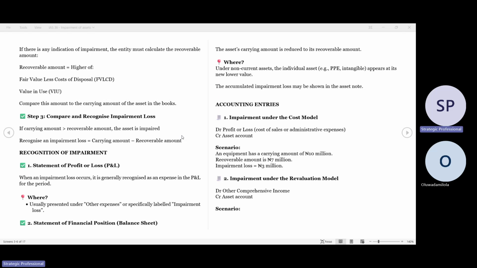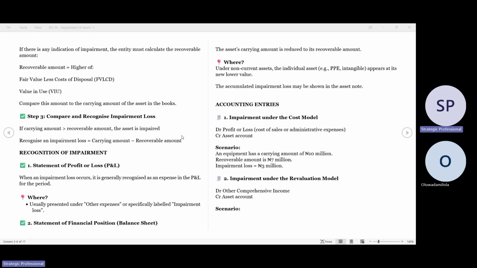For this level, they might ask questions around impairment of goodwill. But bear in mind that a company is expected to always test for impairment of goodwill annually. Not just goodwill, goodwill from business combination and intangible assets with indefinite useful life.